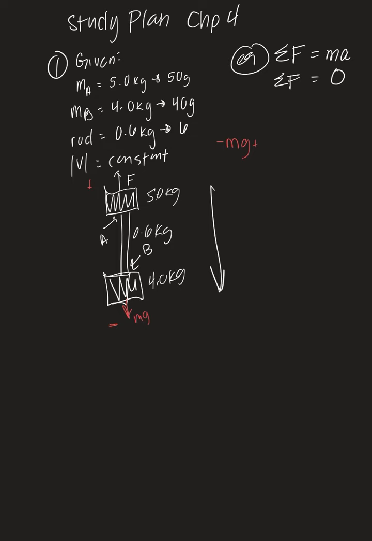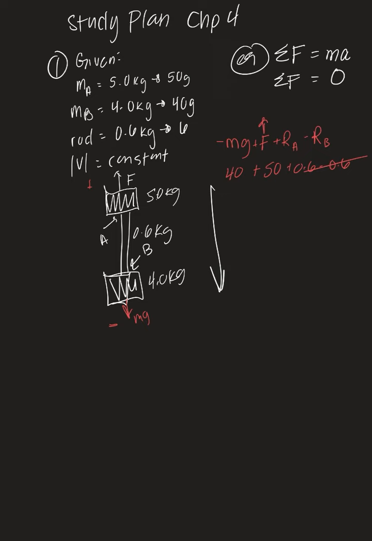So you do negative mg plus the upward force, plus rod A minus rod B. So we know that this one will be 40 plus 50 plus 0.6 minus 0.6. Usually these would just cancel out, but we will use this.